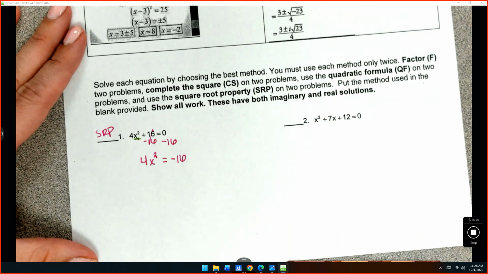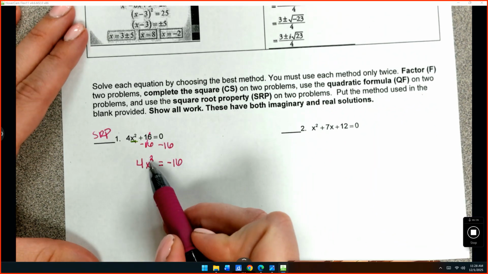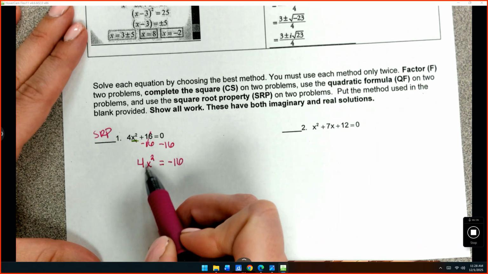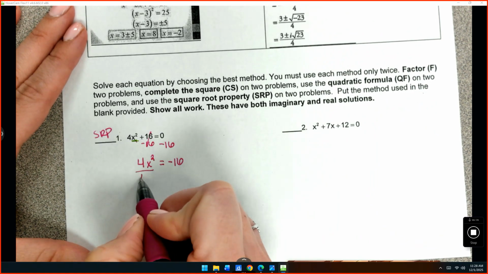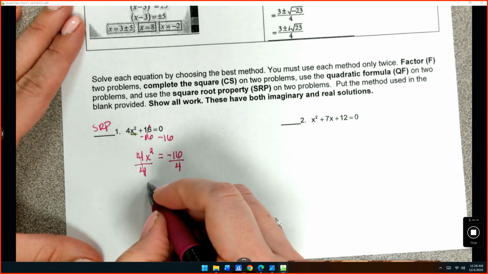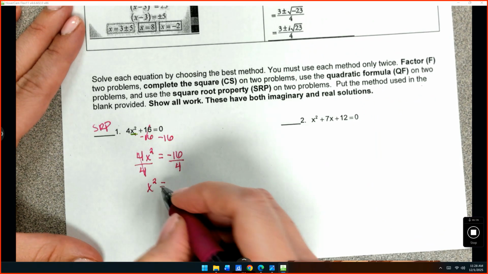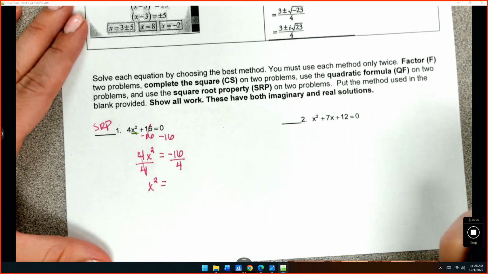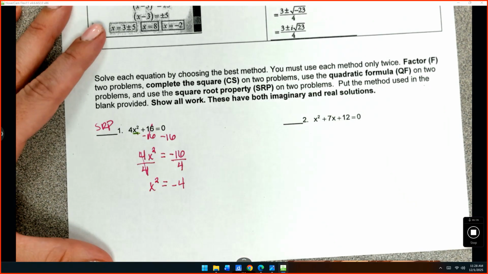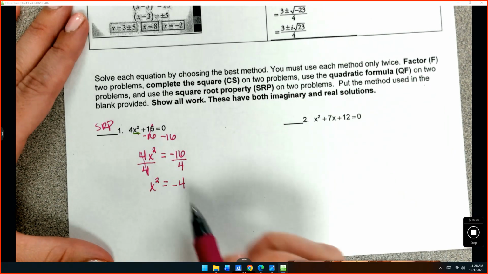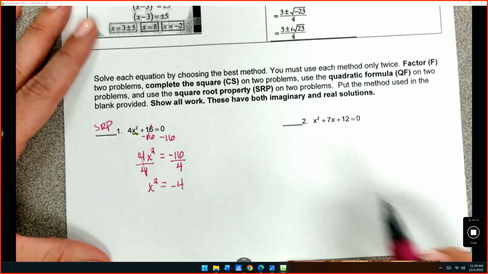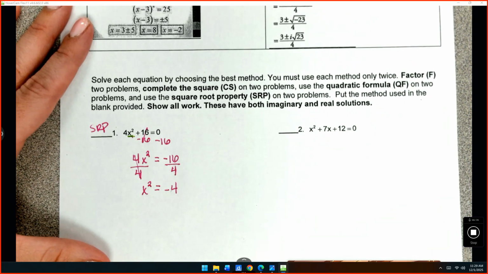Now, if I'm using the square root property, I want to get my x squared by itself, so I have to divide by 4. So now I have x squared equals negative 16 divided by 4 is negative 4. Now we're at the part where our squared term is by itself. You remember what we do when that happens?